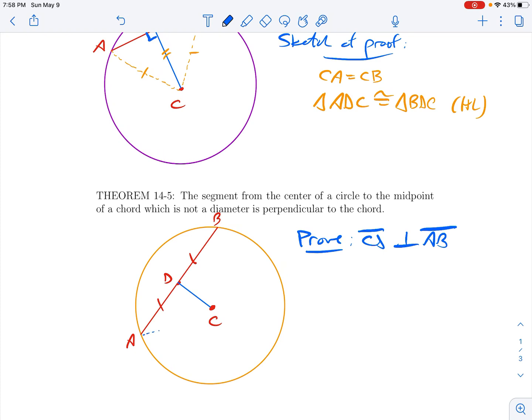So if you draw in segment AC and you draw in segment BC, we have two triangles. And moreover, anytime I have two radii in the same circle, those are congruent. So maybe you can see how to finish this. I'm not going to do it, but there are congruent triangles hiding in that diagram. And that would probably let us prove something about perpendicularity.